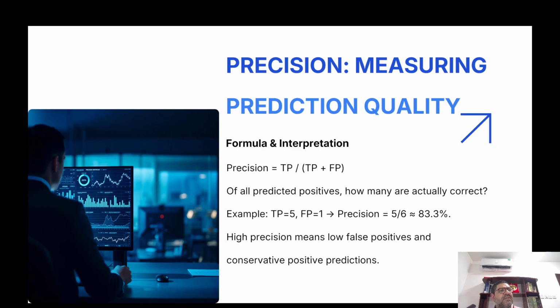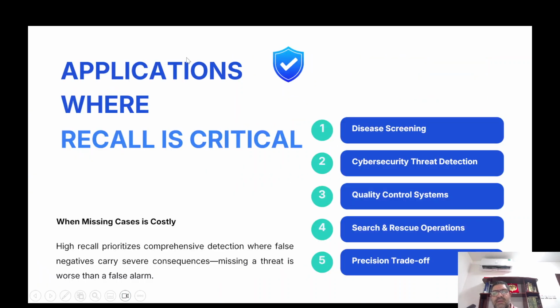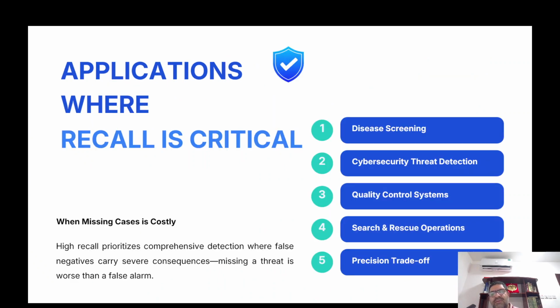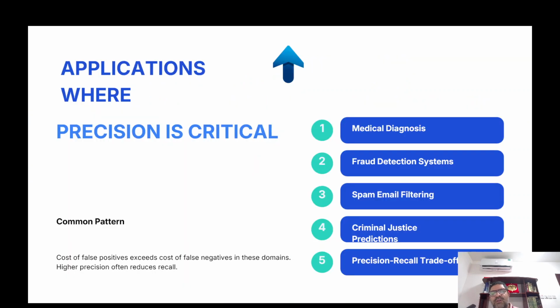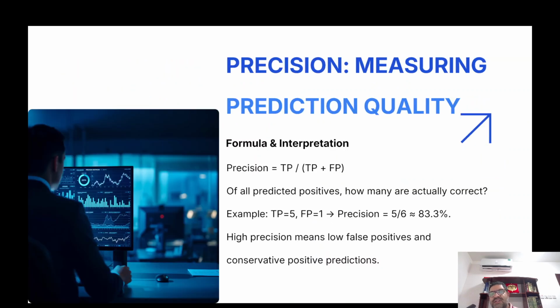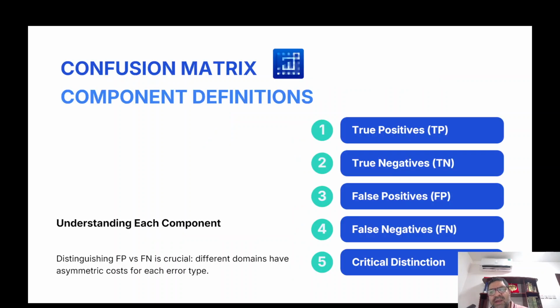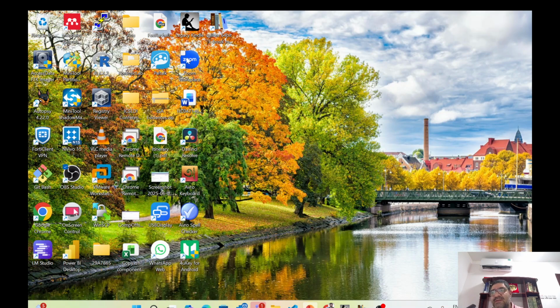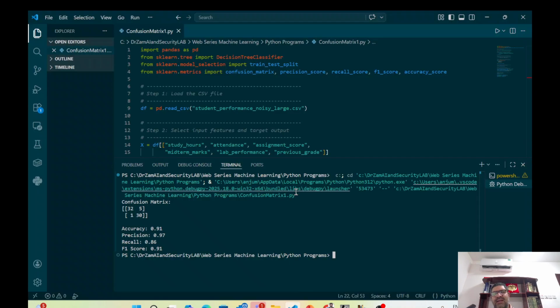So if you just see this now, what is F1 score equivalent to, and precision, and what are the areas in fact in which it is very critical. So this is how actually it is, and these parameters which are there, I believe they are very critical in understanding how a particular machine learning model is performing.